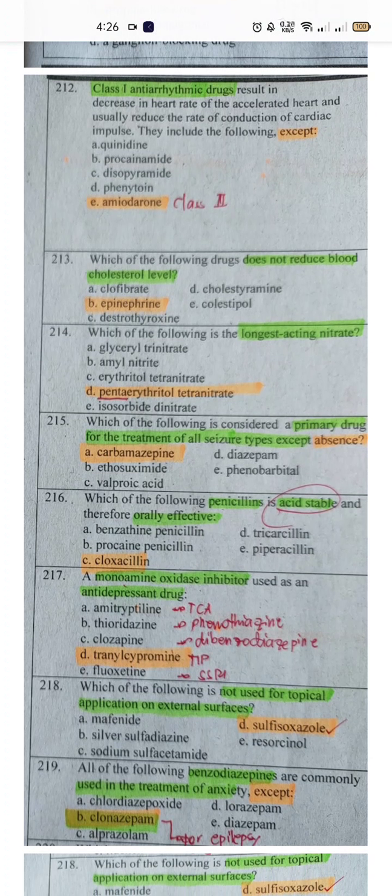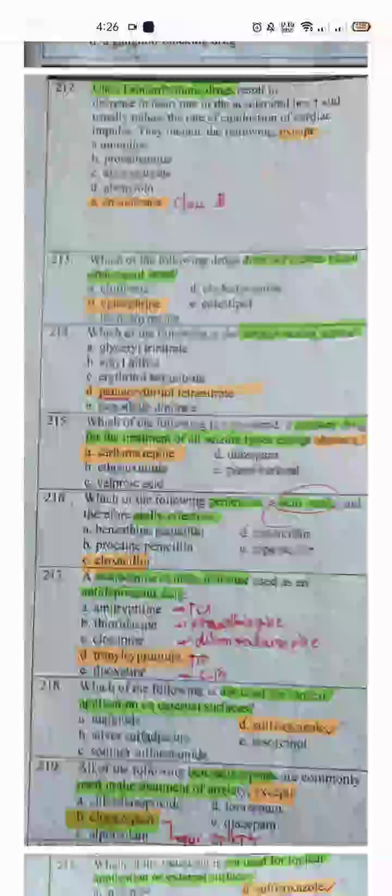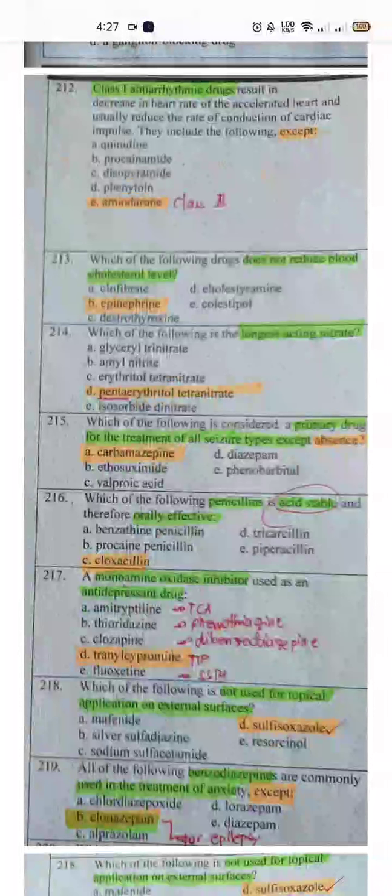Which of the following is the longest acting nitrate? That is your pentaerythritol tetranitrate. It relaxes smooth muscle of smaller vessels in the coronary vascular tree, and it is the longest acting nitrate.